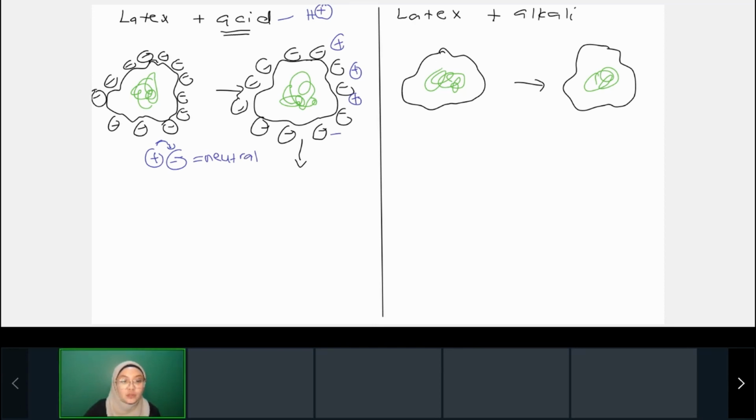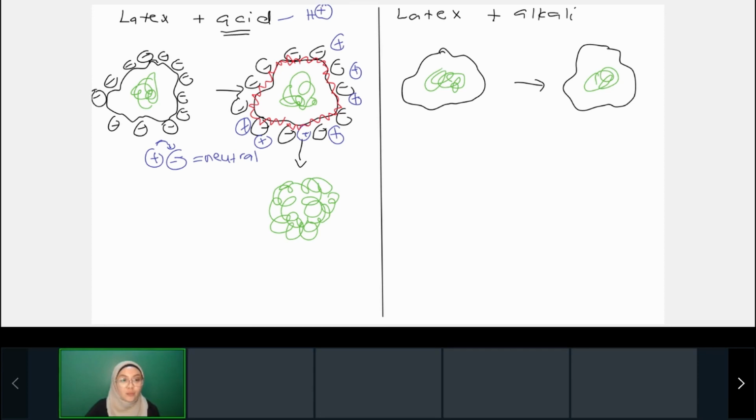When there is no charge, the membrane of your latex will break. So after the membrane of the latex breaks, now your latex is free. They are free to coagulate with each other.